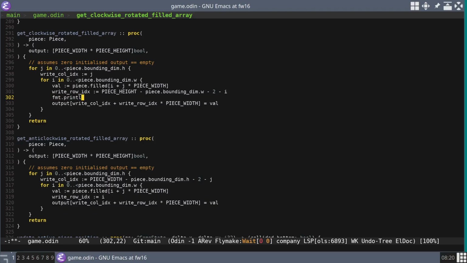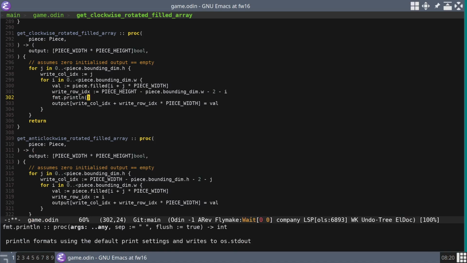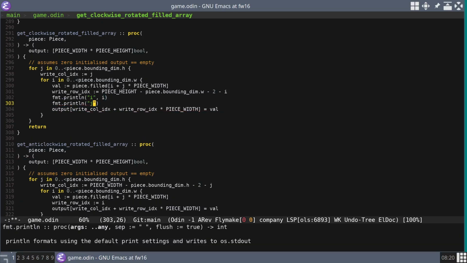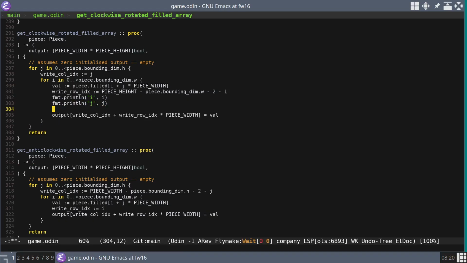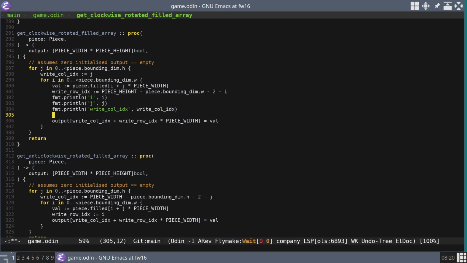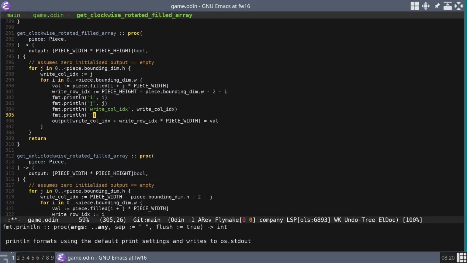So format print line i, format print line j, format print line right col index, and format print line right row index.